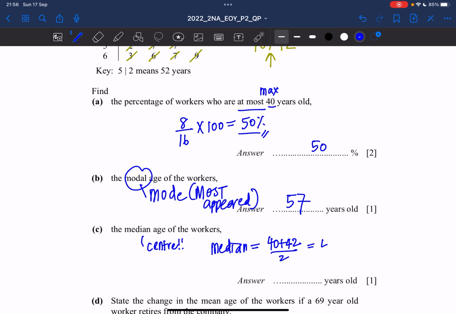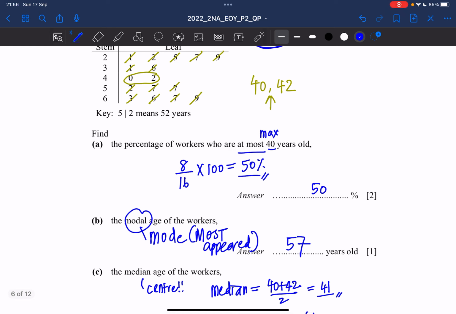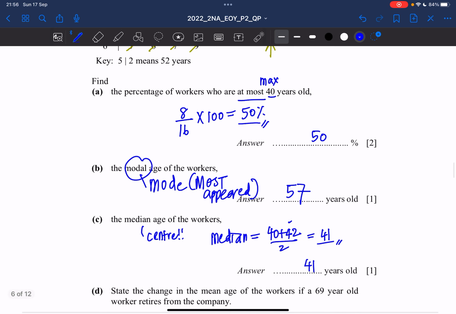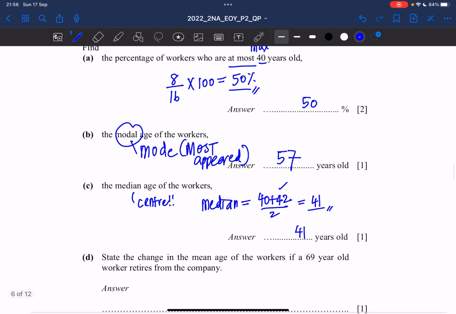So 82 divided by 2, the answer is 41. Now, if let's say there's only one number in the center, for example, there's only one here, so that is our median already. No need to plus and divide by 2. You only have to do this when you have two numbers in the center. So that's why we need to find the average to get the median.